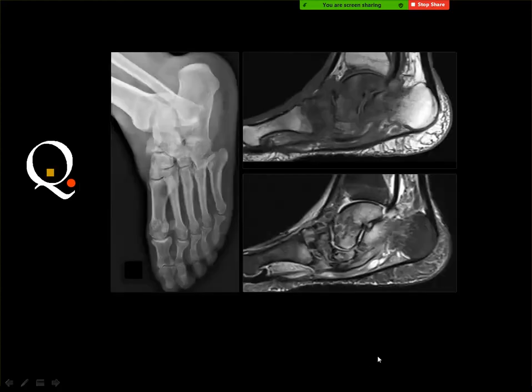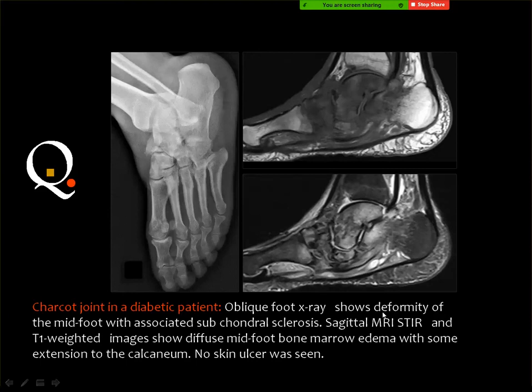Okay, then this is X-ray, MRI T1 and T2. Yes, this is the diabetic foot, you may call this, because of the osteomyelitis. How do you know that this is osteomyelitis?